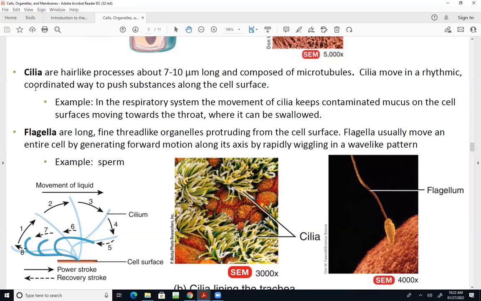We only have one example in our body where there is a cell with a flagellum. Flagellum singular, flagella plural, are long, fine thread-like organelles that protrude from the cell surface and usually move an entire cell. So different from cilia in that the cell is actually able to move. This is what enables sperm cells to swim in a rapidly wiggling wave-like pattern.